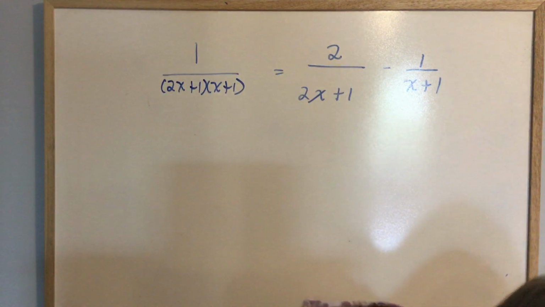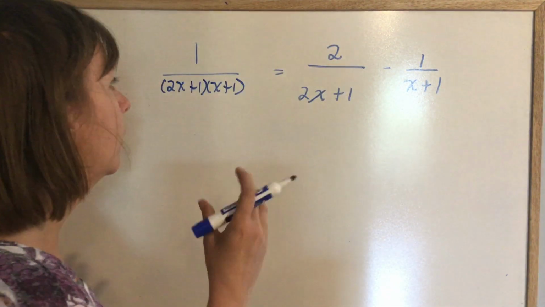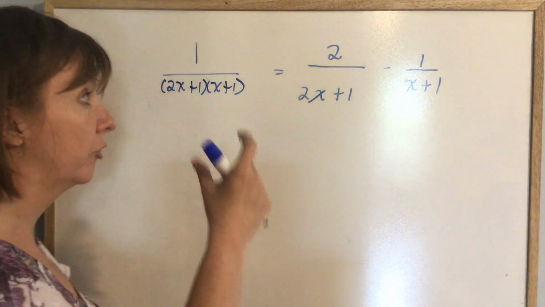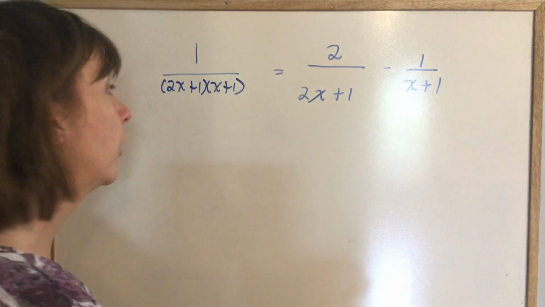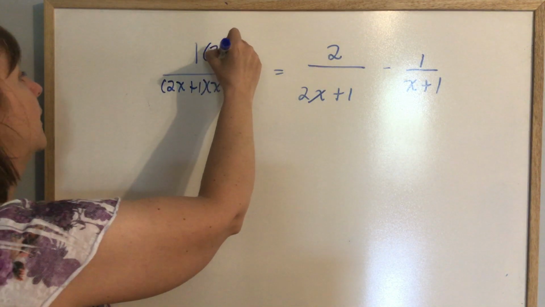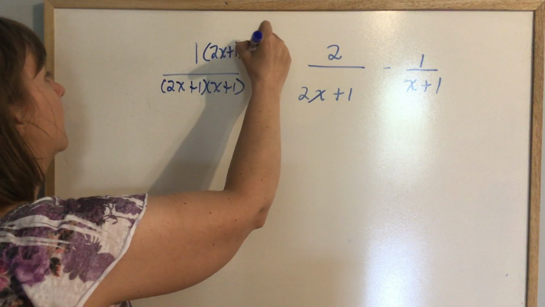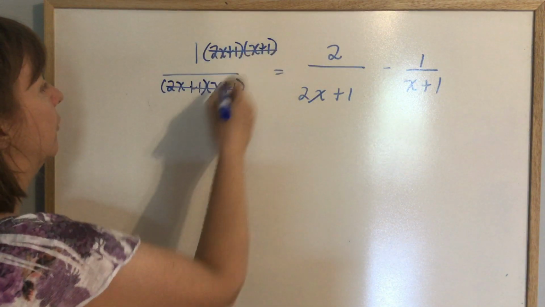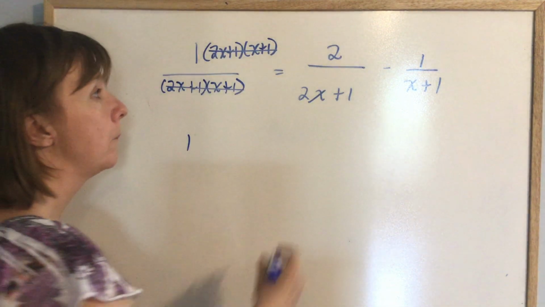What I would actually do is think about what would be a common denominator, and a common denominator would be 2x plus 1 and x plus 1, and I would multiply each piece. So I multiply this by 2x plus 1 and x plus 1 so that everything cancels and I just have 1.